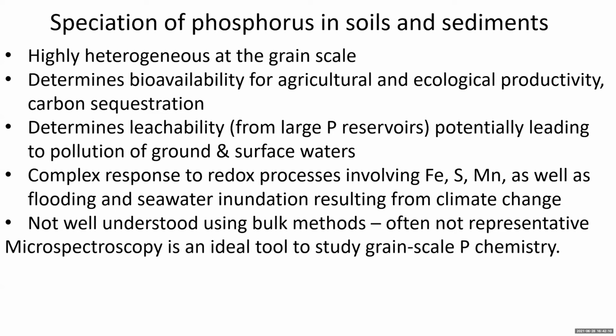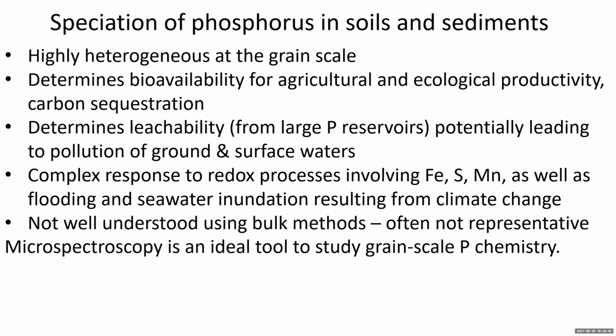These materials have a very complex response to redox processes that also involve iron, sulfur, and manganese, and are very importantly perturbed by climate change events such as flooding and seawater inundation. And those have very, very strong impacts on the local grain scale chemistry of phosphorus, sulfur, and iron.